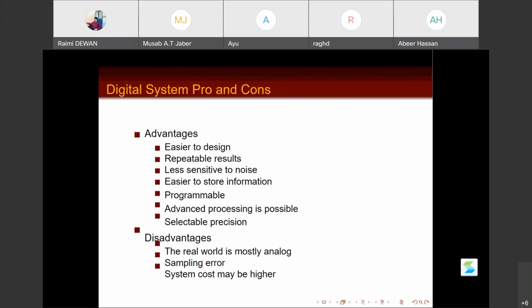Maybe you get 10.5. But in a digital system, because you already categorized 10.1 until 10.5 as 1, if you repeat again, you will get the same digit 1.